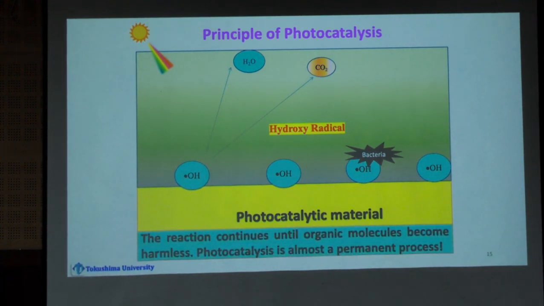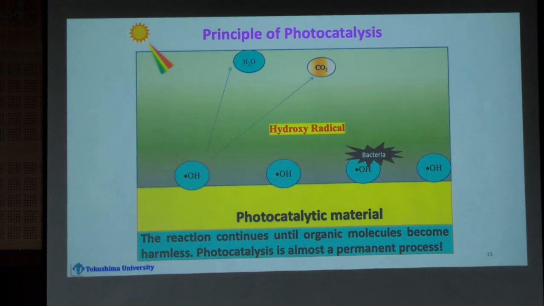This is only one photon of light coming and this thing happens. It happens in femtoseconds. And this is a continuous process. That's why the photocatalyst material can stay intact during the photocatalysis process. So this is a continuous reaction.